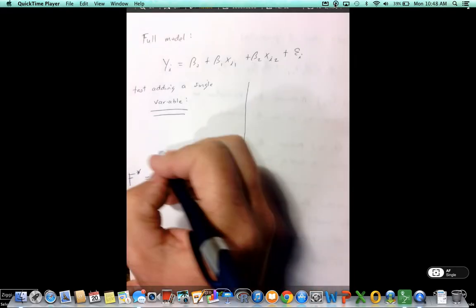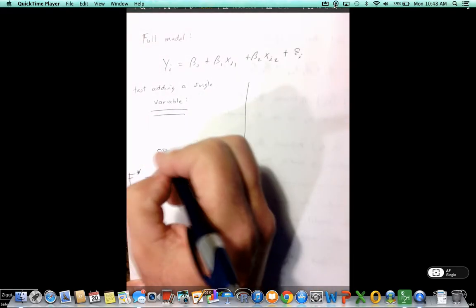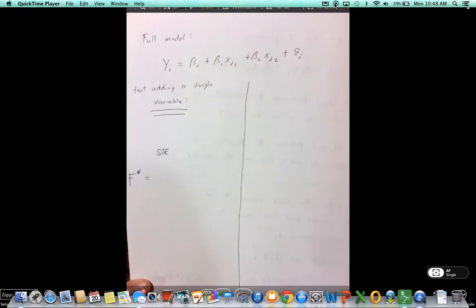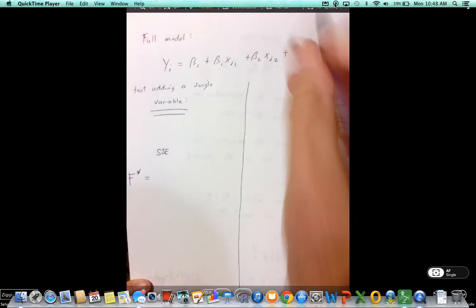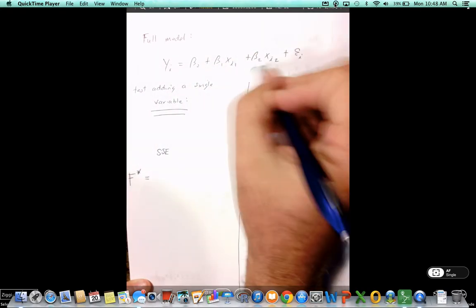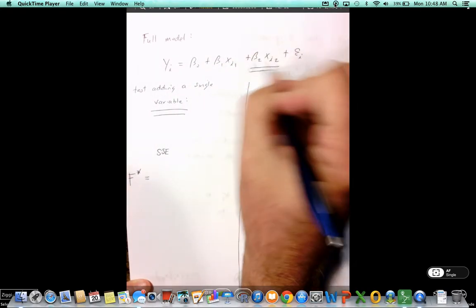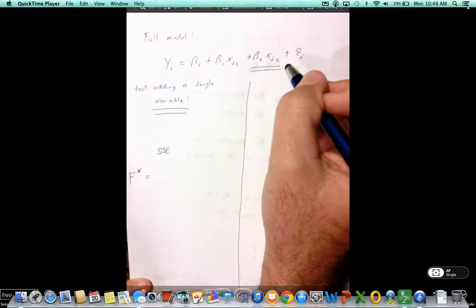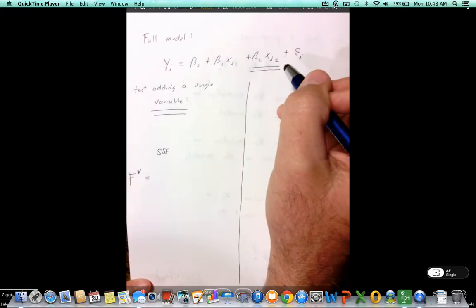It would be the sum of squares error. Let's stay consistent with what we did before. Let's say that x2 is already in the model, and we want to examine the effect of adding x1.